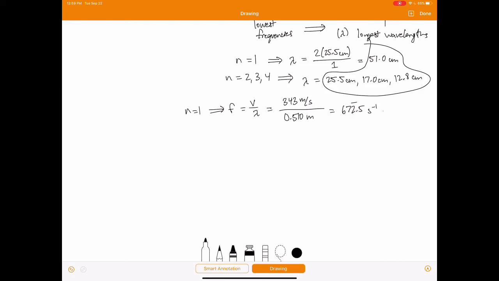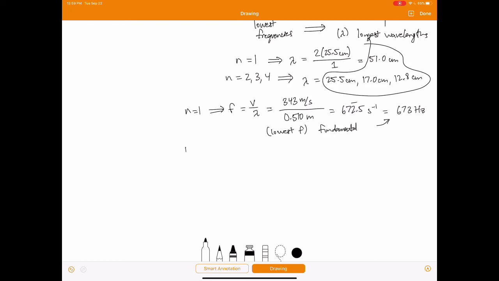Keep 3 sig figs on that, which is 673 hertz. So this is what we call the fundamental frequency, which is the lowest frequency.